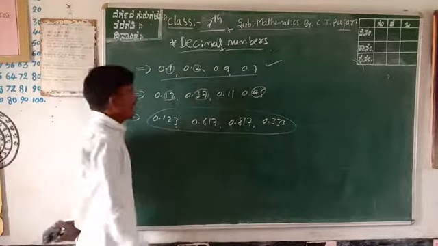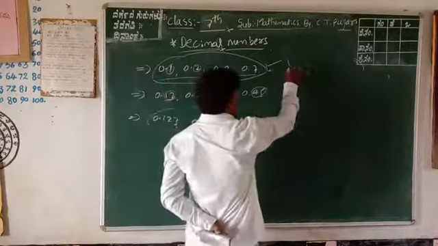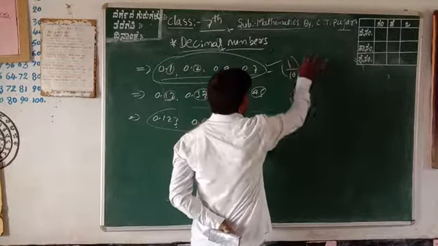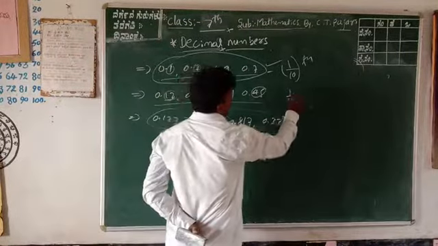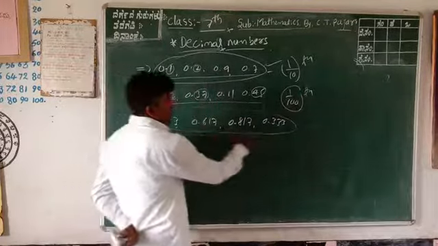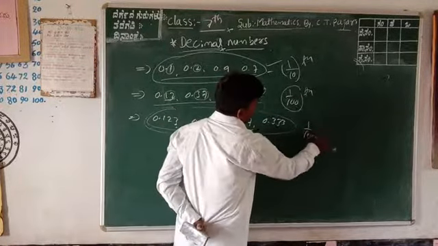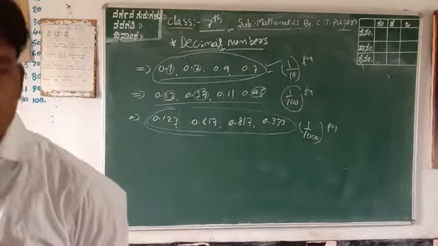This place is 1 by 10, next is 1 by 100, and this is 1 by 1000.